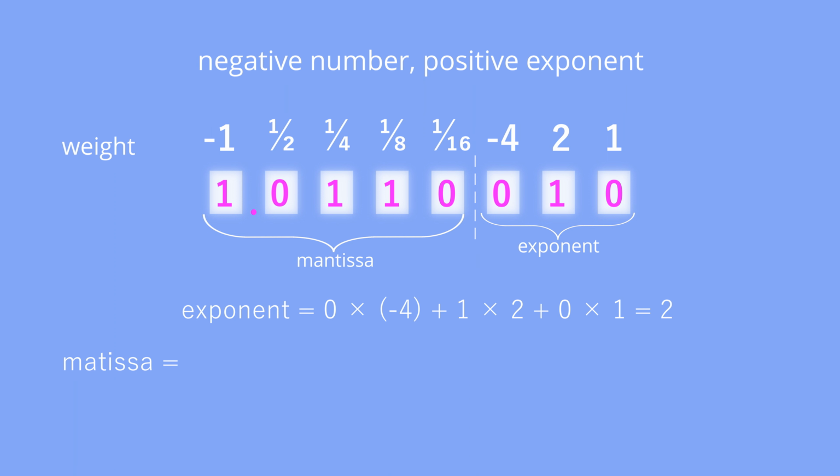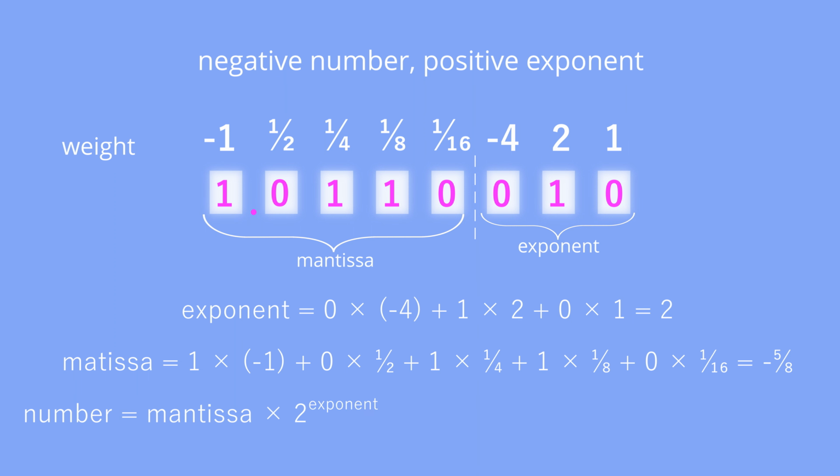The mantissa equals 1 times negative 1 plus 0 times 1 over 2 plus 1 times 1 over 4 plus 1 times 1 over 8 plus 0 times 1 over 16 and equals negative 5 over 8. The number equals mantissa times 2 to the power of exponent. So negative 5 over 8 times 2 to the power of 2 equals negative 5 over 2 or negative 2.5.